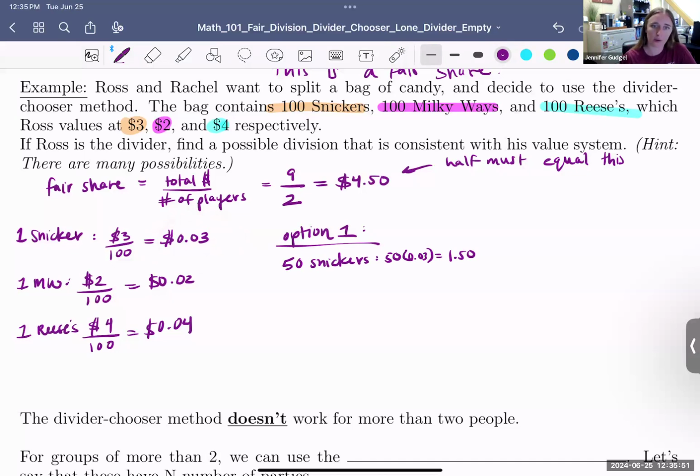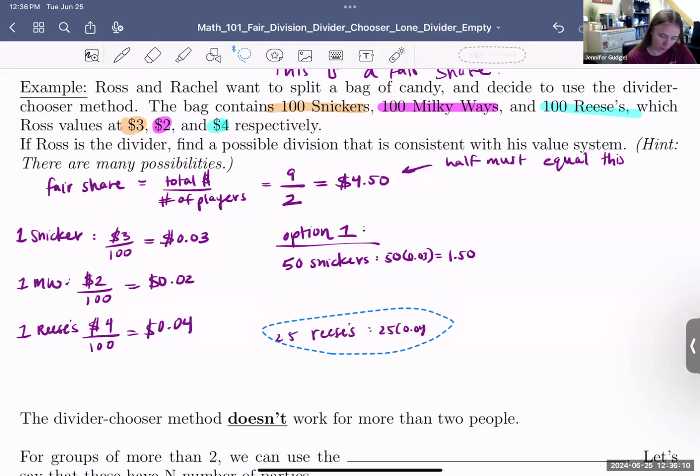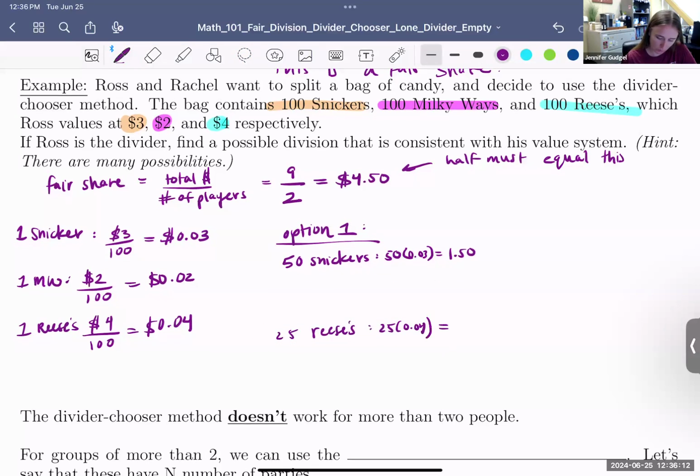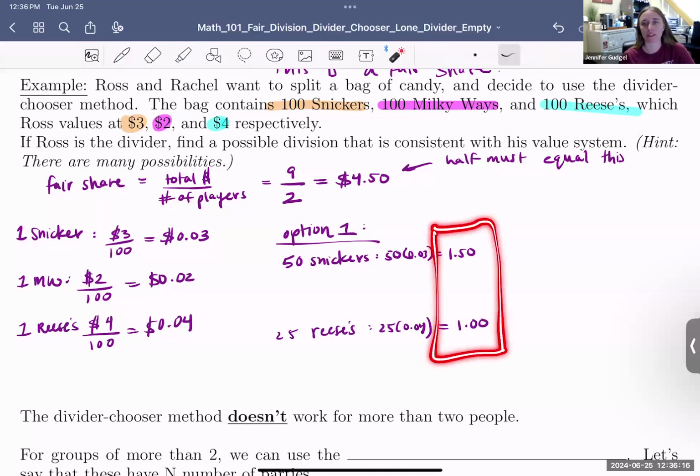What about 25 of the Reese's? I know I skipped down. Maybe I'll do it that way. I'll keep them in line. 25 of the Reese's is worth $1. So now I'm at $2.50 altogether. But again, that's not enough. I needed $4.50 worth.